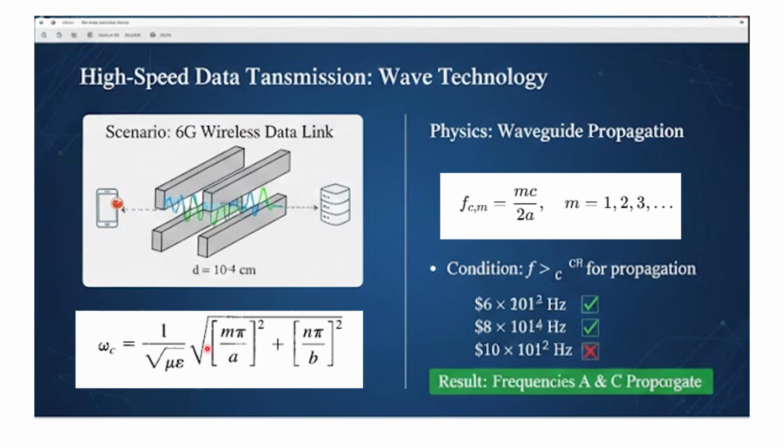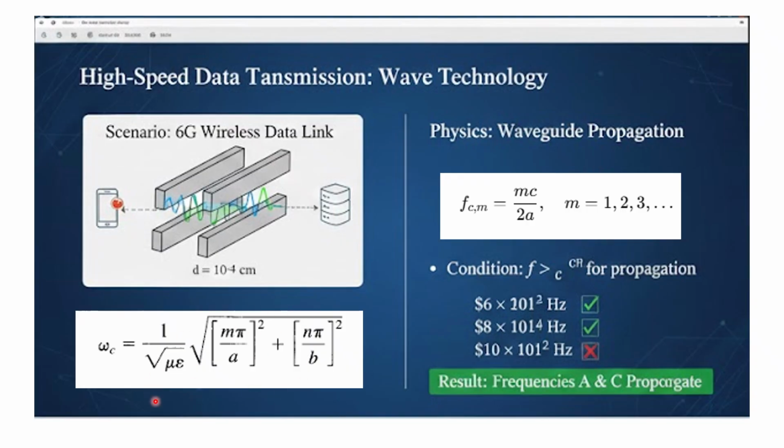M is any integer, maybe 0, 1, 2, 3 onwards, and a and b are both dimensions of the rectangular waveguide. But in this particular question, it has been given that only the TM mode we are going to find.